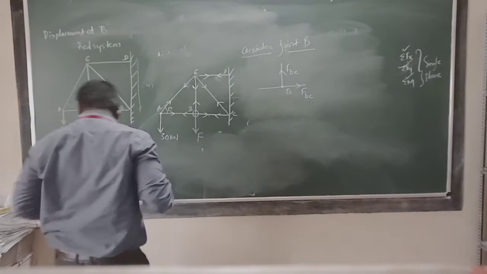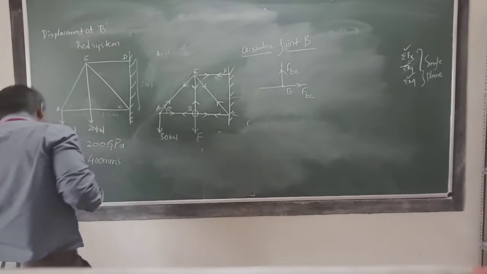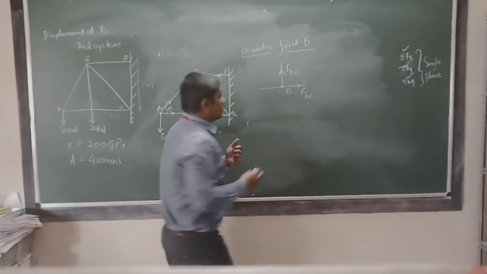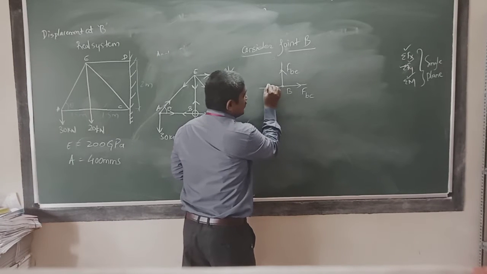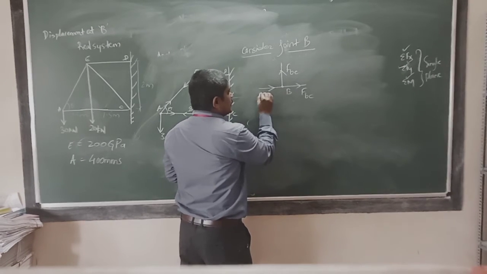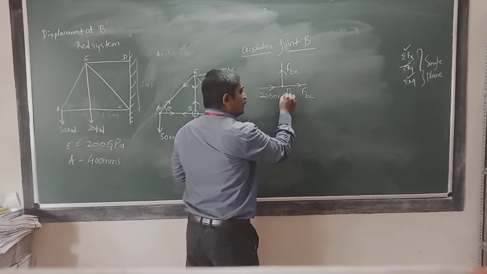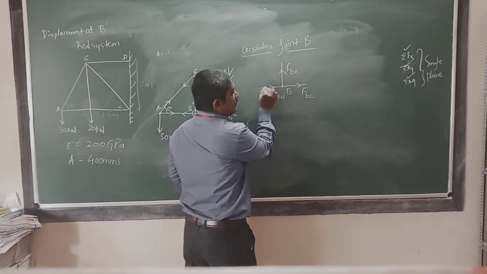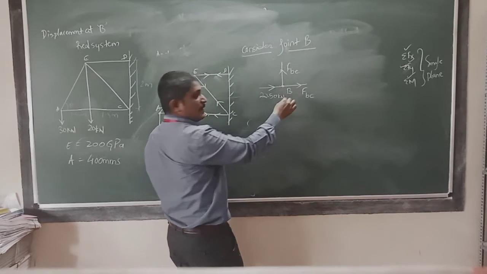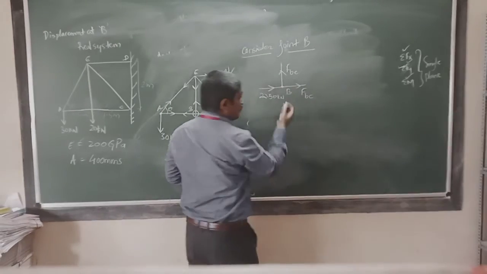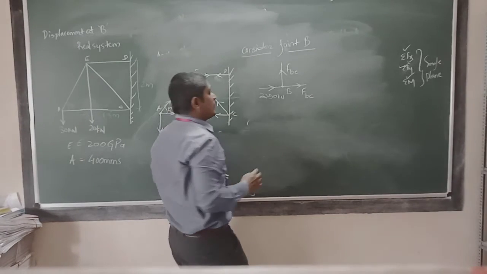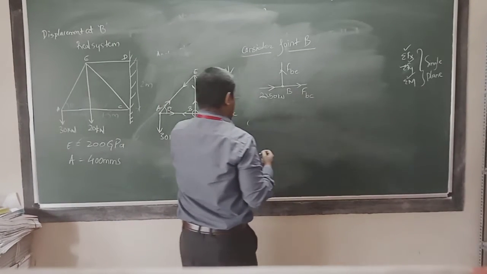Okay. AB how much we have got? AB we have got as negative answer, that is compression. So it is, now you can change the direction. It is 22.50 kilonewton. It is in compression, so it is towards the joint. Before it was arrows like this. Okay. So this is what the difference in arrow system, while giving the tension and compression.